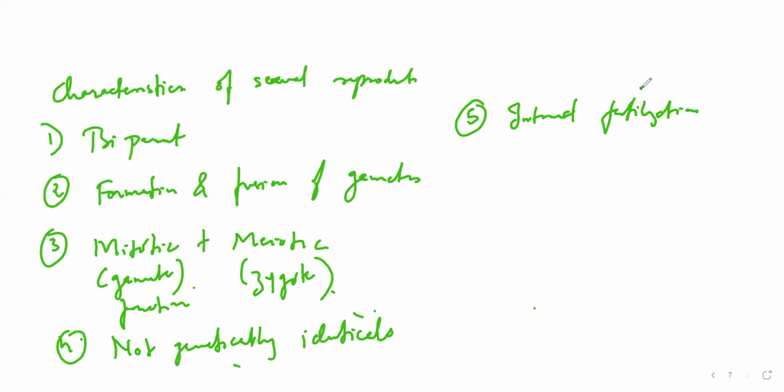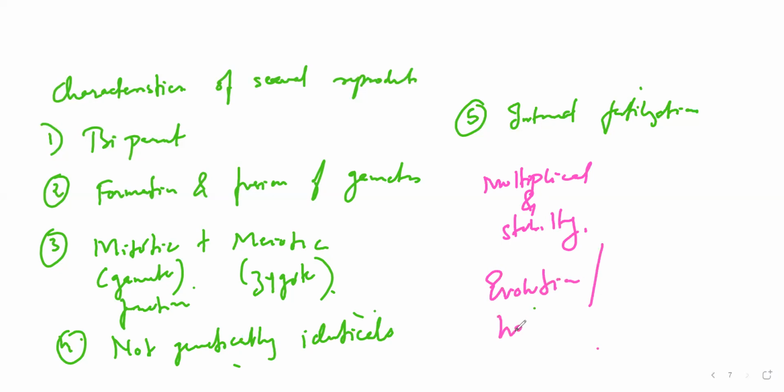Now, why is sexual reproduction very important? As already said, for multiplication and stability. Because of sexual reproduction, evolution or heredity can be studied or maintained.